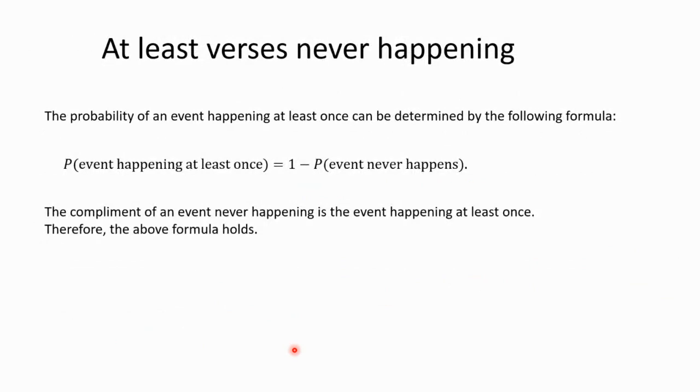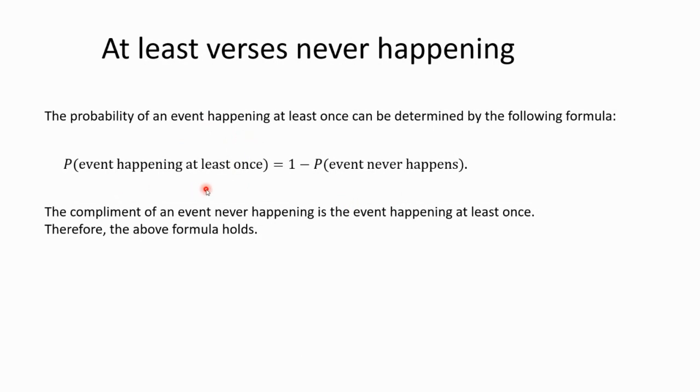So here's something new. Not going to go too far with it today, but that's okay. Sometimes you're going to want to find the probability of an event happening at least once. Now, you could get that directly, but there's another way to get it. If you remember, the probability of an event plus the probability of its complement is 1.